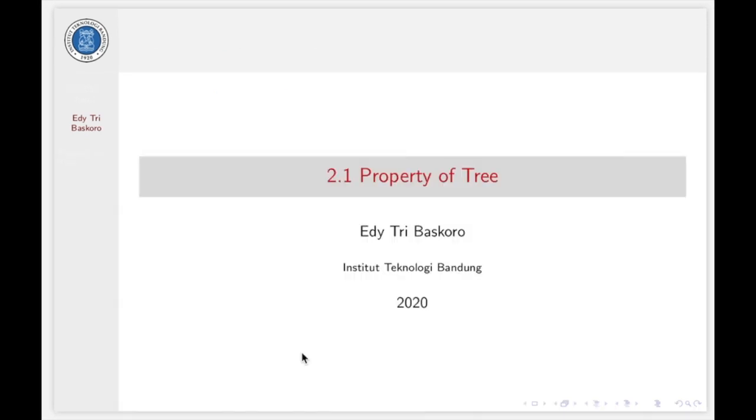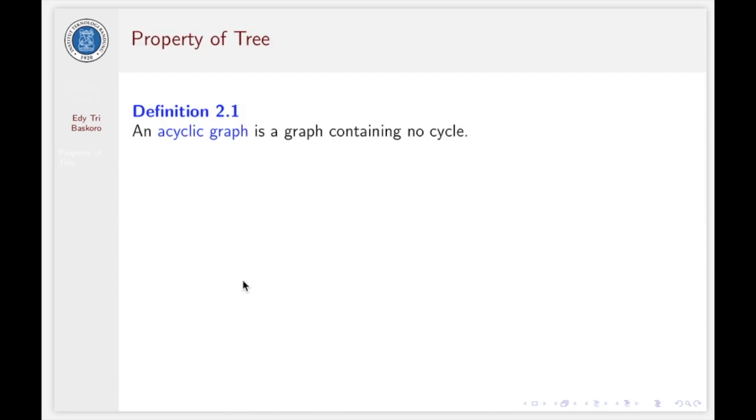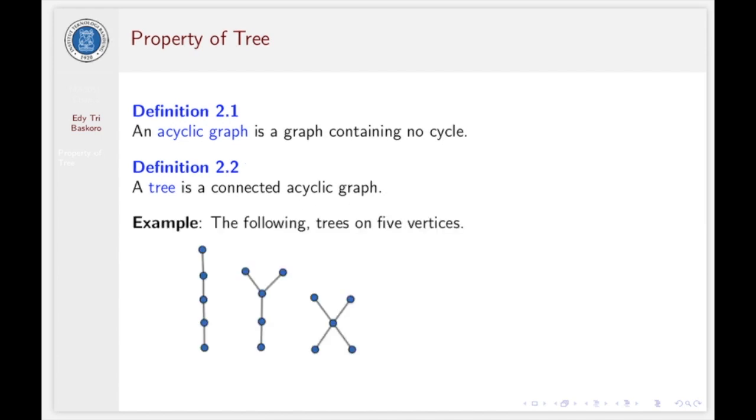Now, we enter to the first section of this chapter, and we are going to talk about the property of trees. Let us start by the definition. An acyclic graph is a graph containing no cycle, and we define a tree as a connected acyclic graph.